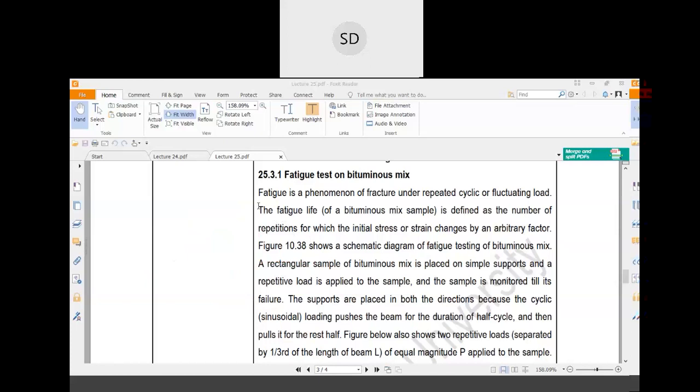Now, the fatigue life of a bituminous mix is defined as the number of repetitions for which the initial stress or strain changes by an arbitrary factor. The fatigue life indicates how many rotations of a cyclic load can be taken care of by a particular pavement.